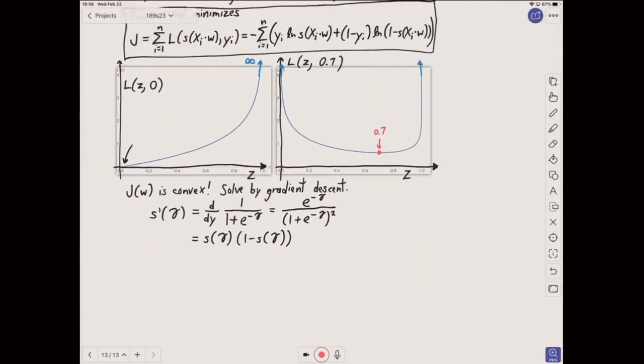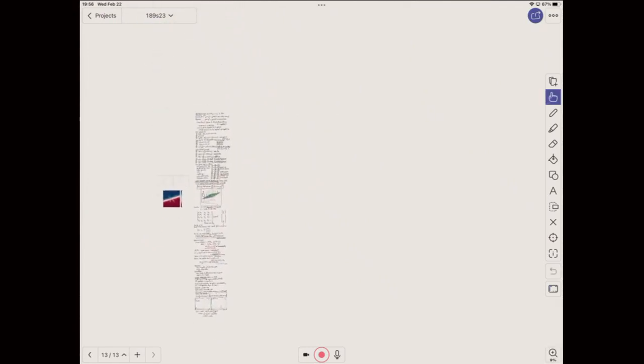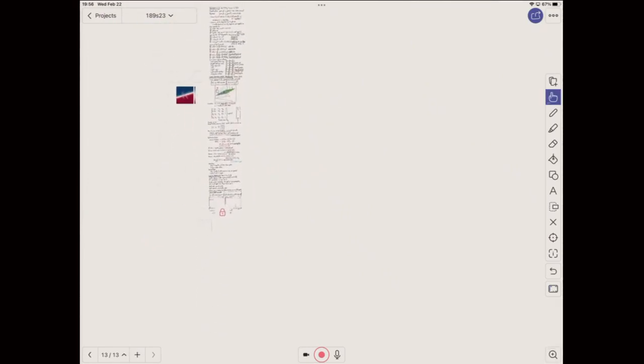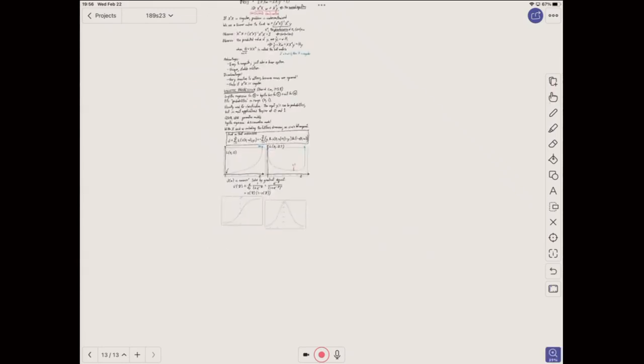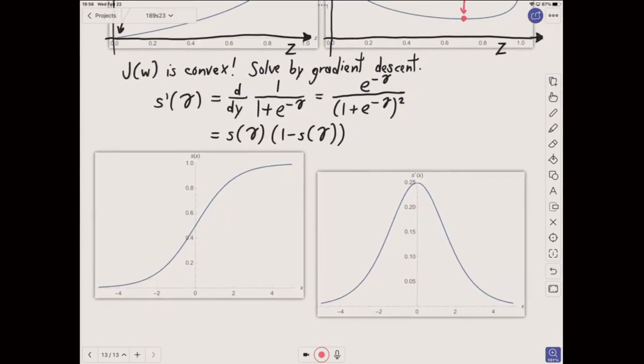But now, let's actually look at that function and its derivative so that we can get a feeling for it. I hope you remember what the logistic function looks like, but if you don't, here it is on the left.